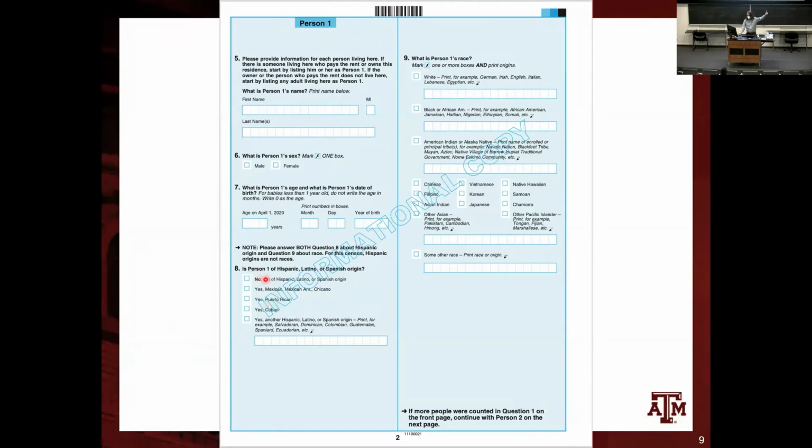Those that reported no and white here are non-Hispanic white. No and black, non-Hispanic black. No and American Indian and Alaska Native, non-Hispanic American Indian and Alaska Native, and so on. So you create all these subgroups of race ethnicity, basically using these two questions here.